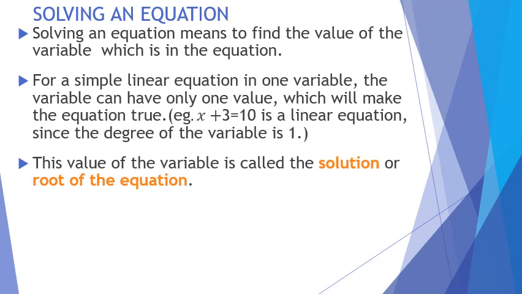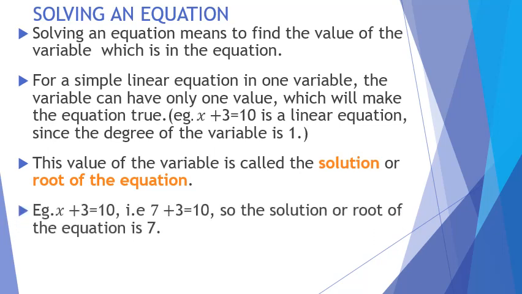That is, the value of the variable which will make the equation true is called the solution or root of the equation. Example, x plus 3 equal to 10. Here only for x equal to 7, LHS of the equation will be equal to RHS. So we can say that x equal to 7 is the root or solution of the equation.